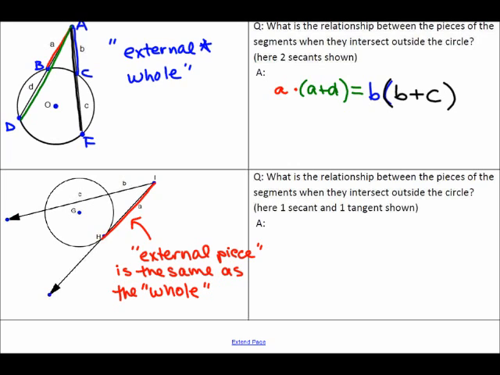Other than that, the formula you'll use for this is going to be exactly the same as the one that we just did. So, repeating that pattern, the external piece times the whole thing.